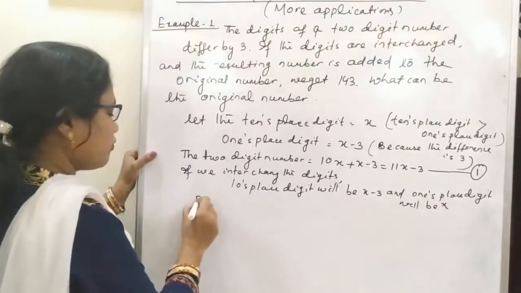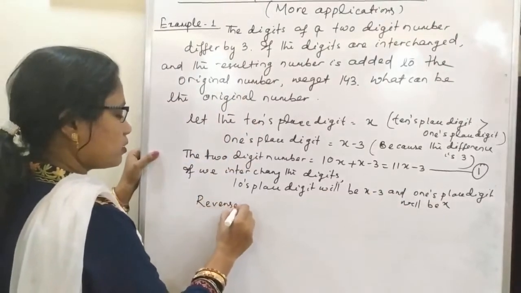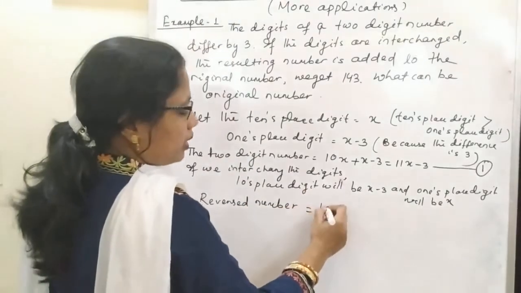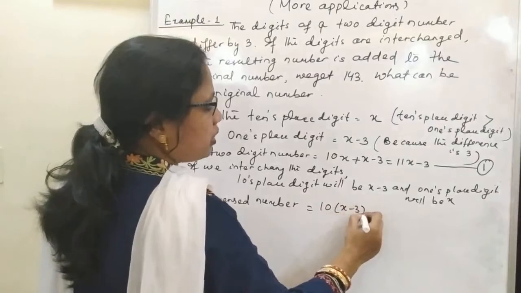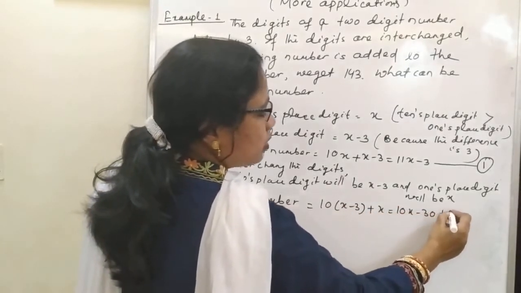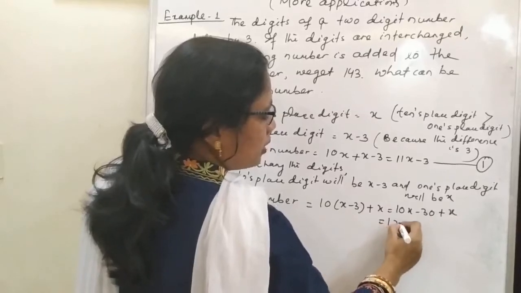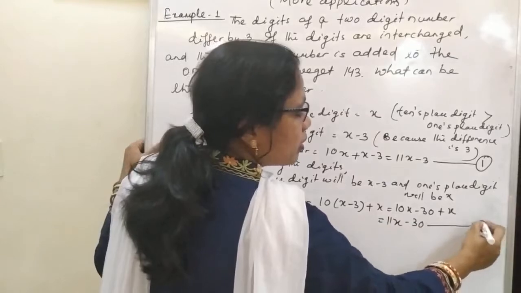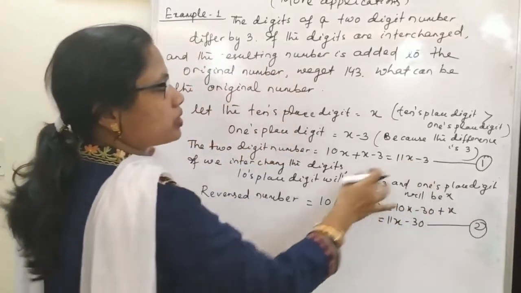So what will be the reverse number? The reverse number will be 10 multiplied with x minus 3, plus x. This is equal to 10x minus 30 plus x, so this is equal to 11x minus 30. So this is our reverse number and this is our original number.